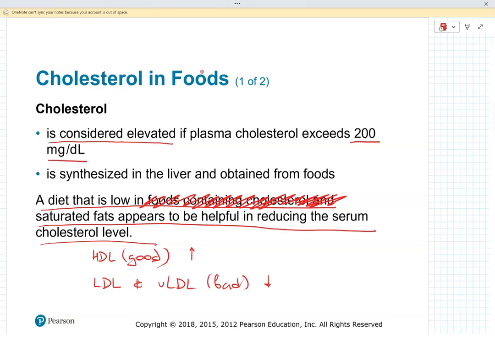Remember how the statements said that cholesterol can block your arteries, right? So here's what happens. There are cells in your blood vessels that can take up cholesterol. The process is called scavenging.